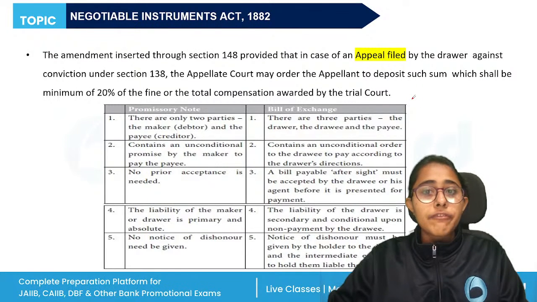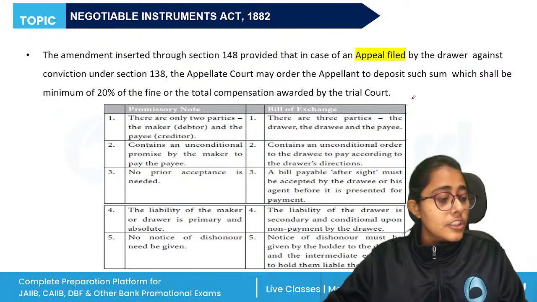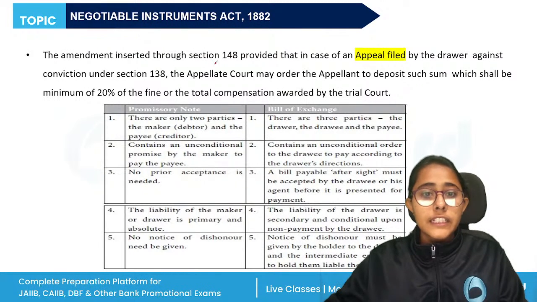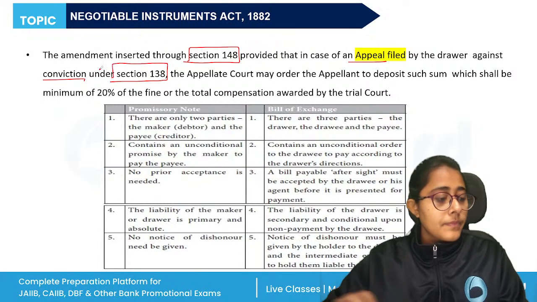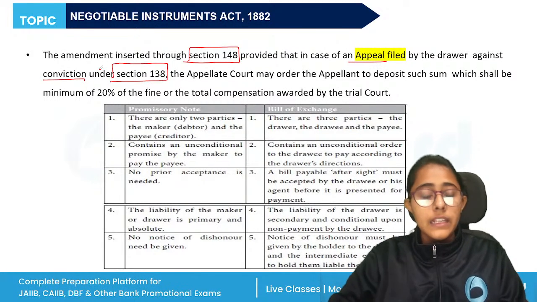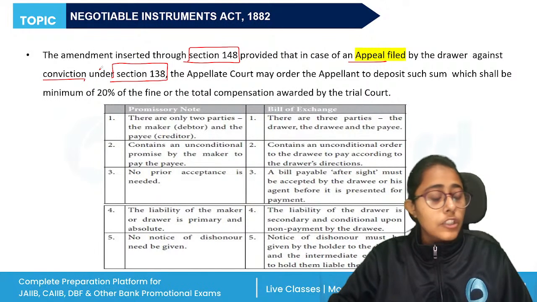So what is the effect of this insertion of section 143A? The amendment was inserted through section 148, that in the case of an appeal filed by the drawer against the conviction under section 138, the bank can file the case of dishonor with the court, but the drawer then says that they are not guilty. So now what will happen under section 148?